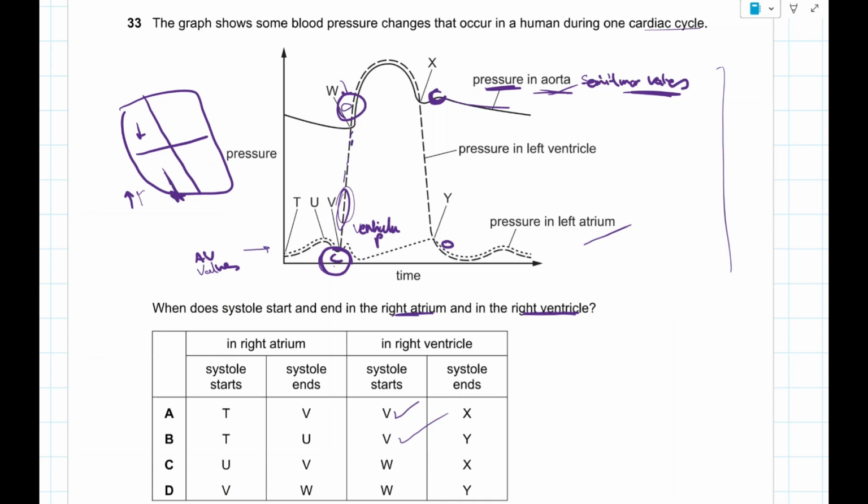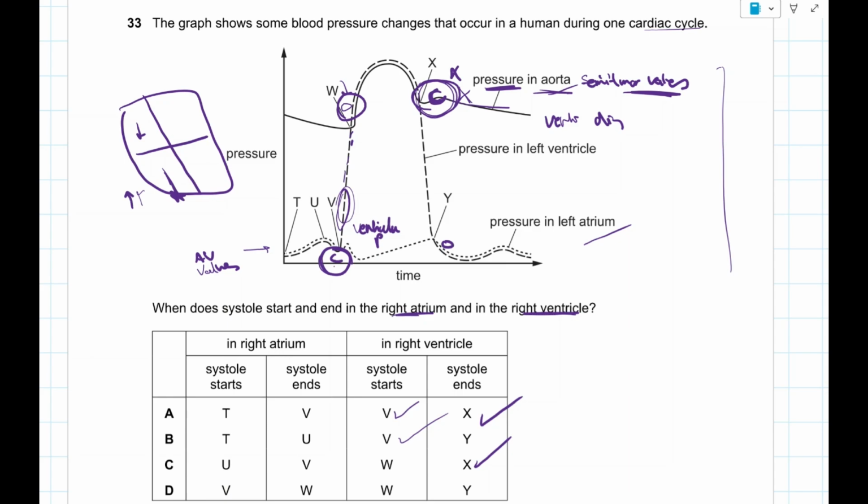This means that now it is ventricular diastole, and this is going to be the end of ventricular systole. So X is going to be the end of ventricular systole because the semilunar valve now closes and blood is no longer leaving the ventricle. This means that the pressure in the ventricle decreased, and now this is ventricular diastole.